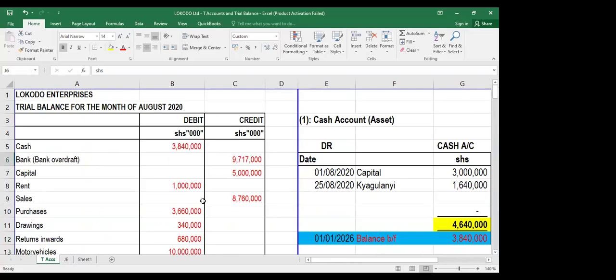So for your examinations, the examiner is more interested in your knowledge of preparing these ledger accounts, and you can't prepare ledger accounts without knowledge of journal entries. He's interested in ledger accounts and preparation of the trial balance.